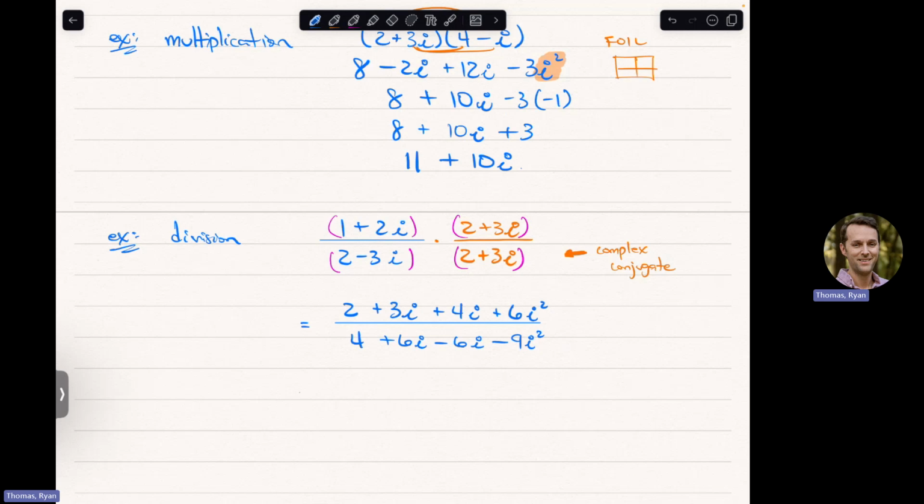Now I'm going to start combining stuff. 3i and 4i would be 7i. 6i and minus 6i would be 0. This is the reason that we use this thing, because those go away now. And the other thing that happens is that, again, i squared is the same thing as negative 1.